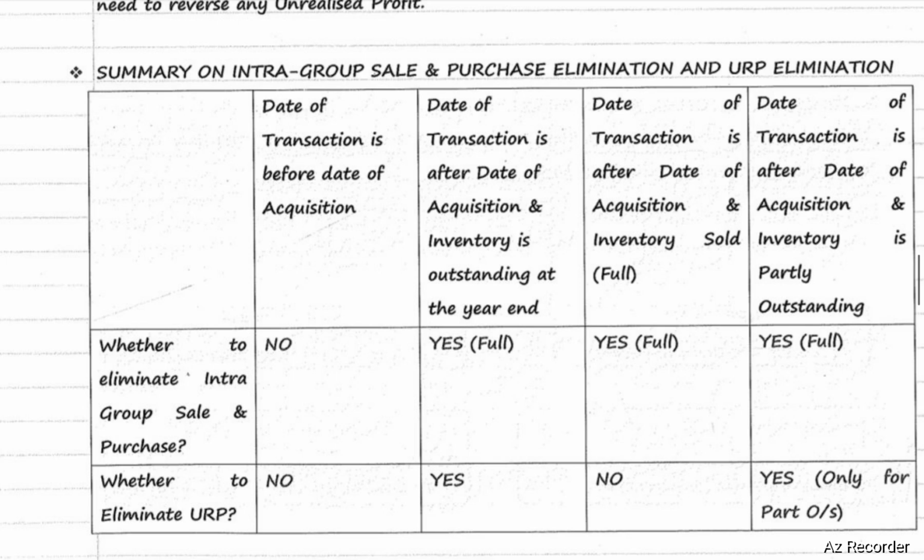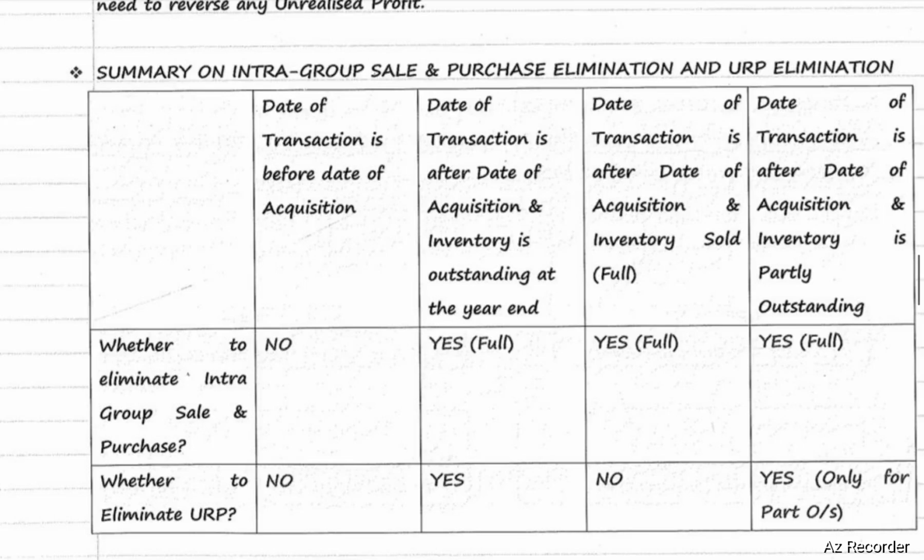In case date of transaction is after date of acquisition and inventory sold is full, we need to eliminate the full intragroup sale and purchase transaction. In case date of transaction is after the date of acquisition and inventory is partly outstanding, we need to eliminate full intragroup sale and purchase.